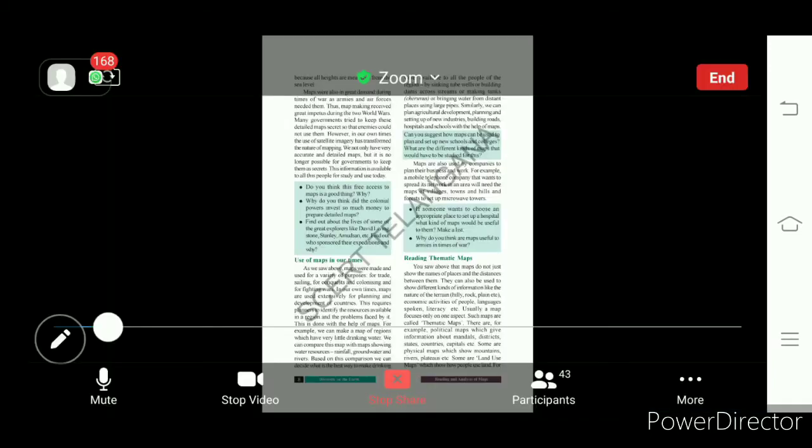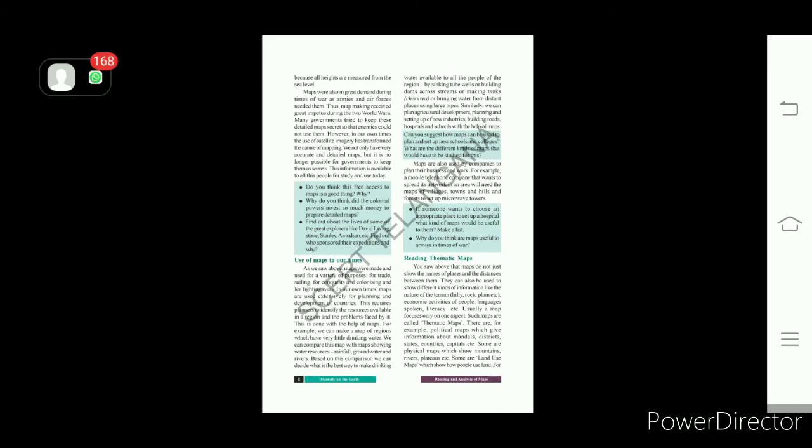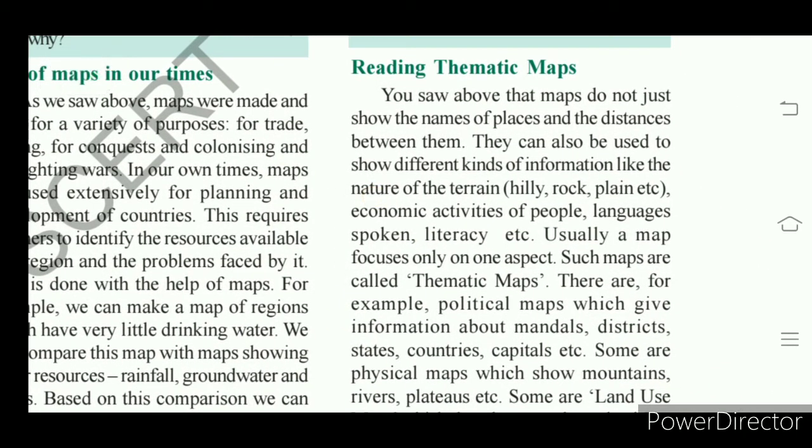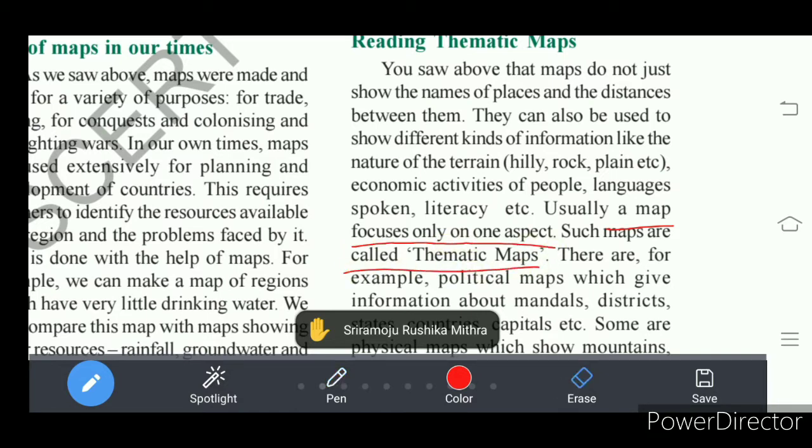And we use different symbols in the maps, right or not? So what is a thematic map here? Let me show here what is a thematic map. A map that focuses on only one aspect is called a thematic map.